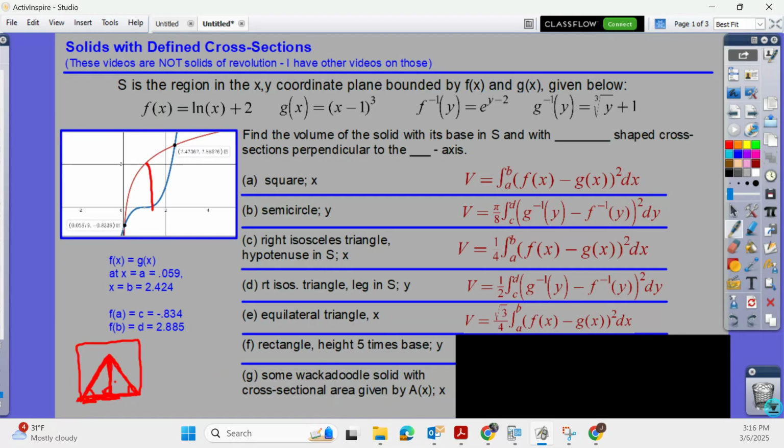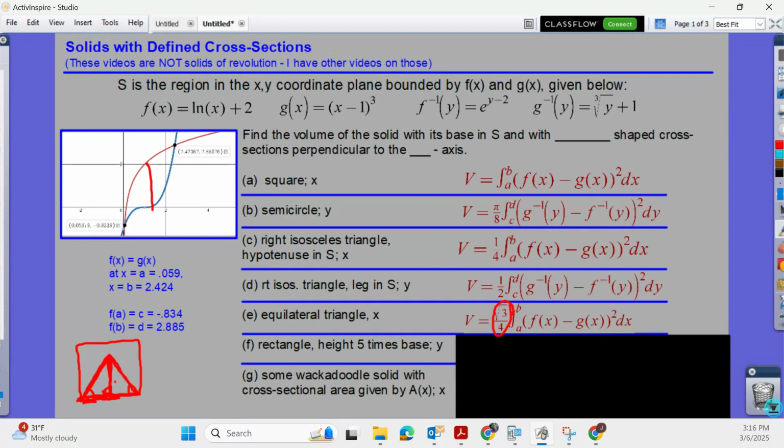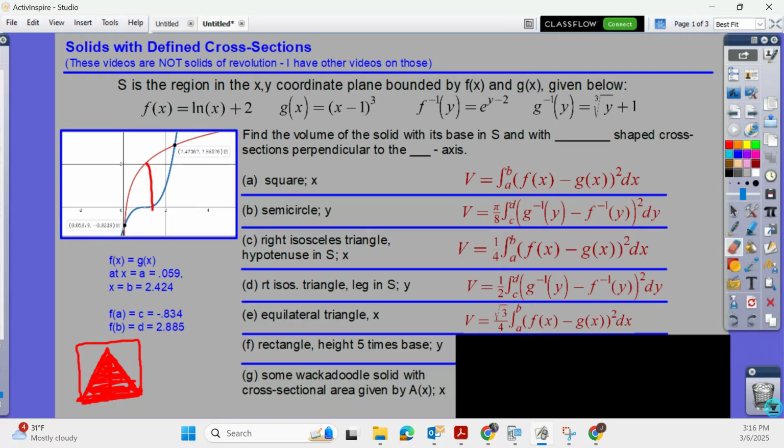That square root of 3 over 4, if you take any square and you draw an equilateral triangle inside like this, where one side of the equilateral triangle is the same as one side of the square, the equilateral triangle fills up square root of 3 over 4 of the square. If you put square root of 3 over 4 in your calculator, like turn it into a percentage, that's how much of the square is filled by that equilateral triangle.